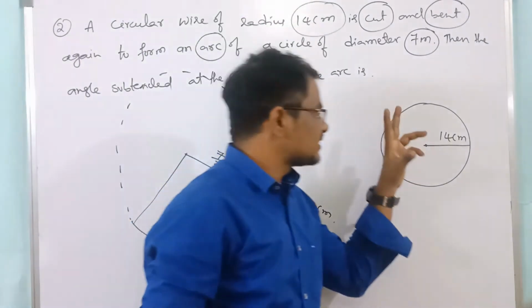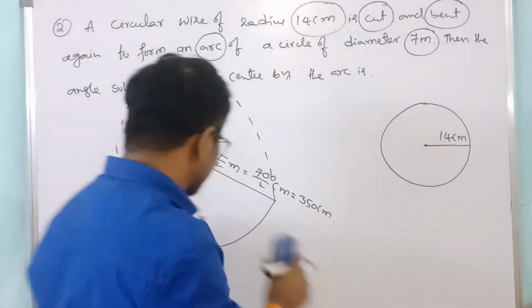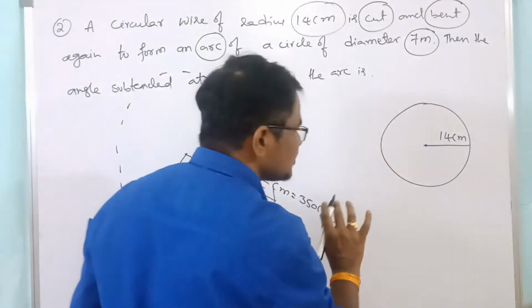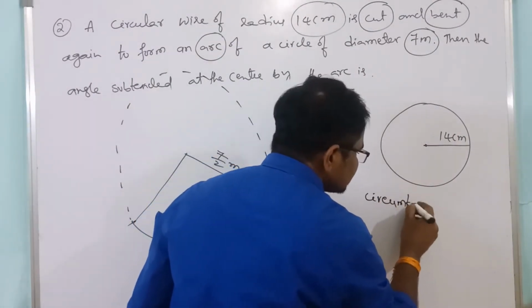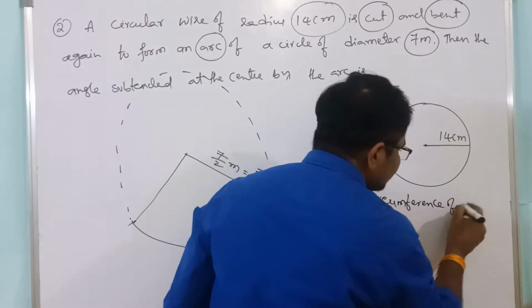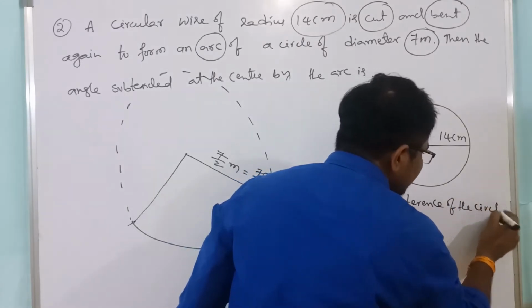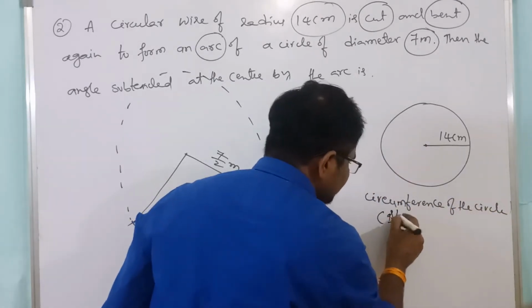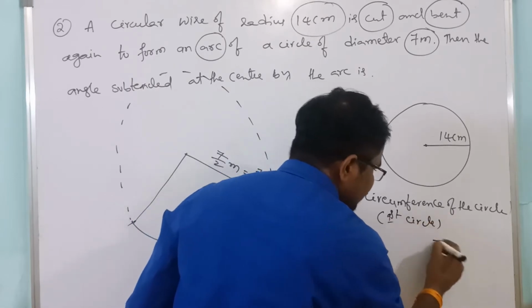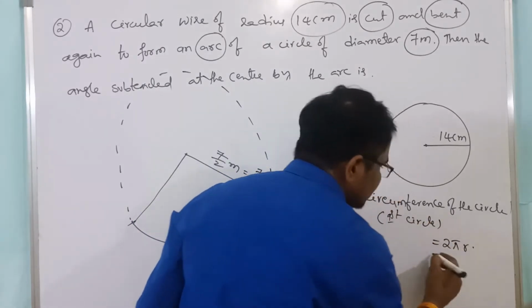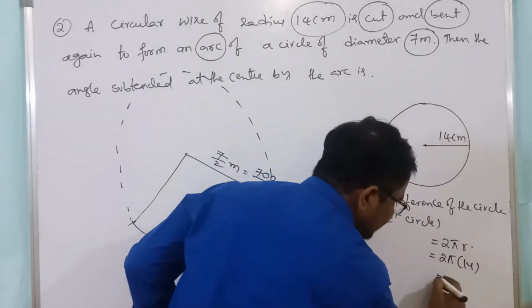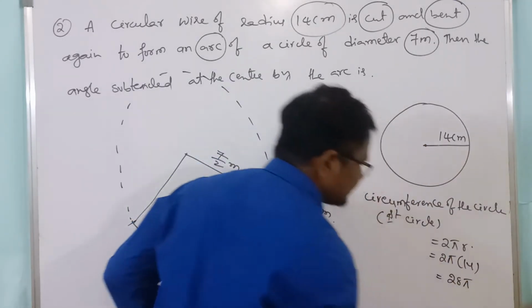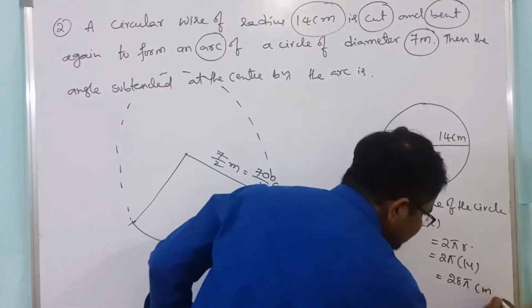A circular wire cut and bent again, means once you observe, what is the circumference of the circle? Which circle? The first circle, equal to 2 pi r. That is equal to 2 pi times r, which is 14. That is equal to 28 pi centimeters.